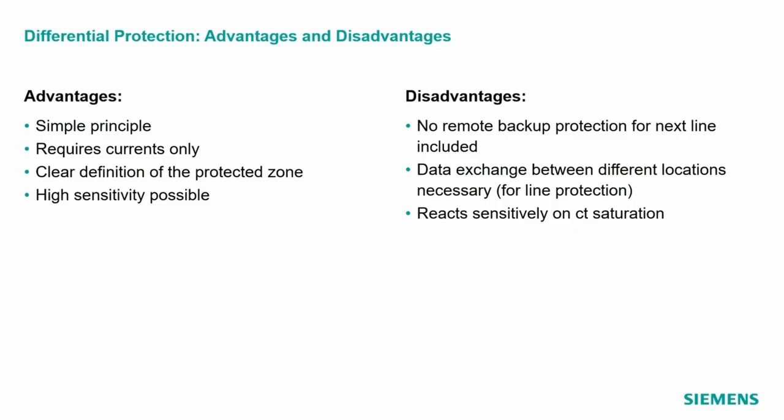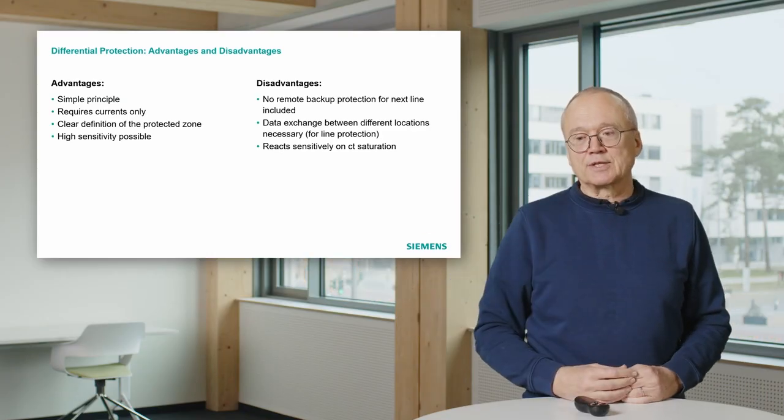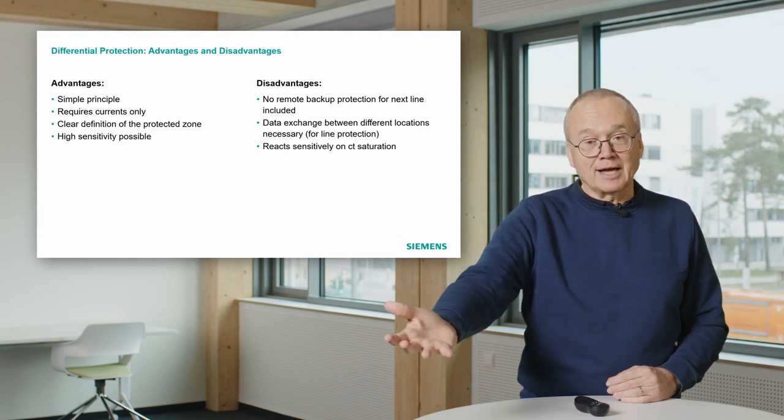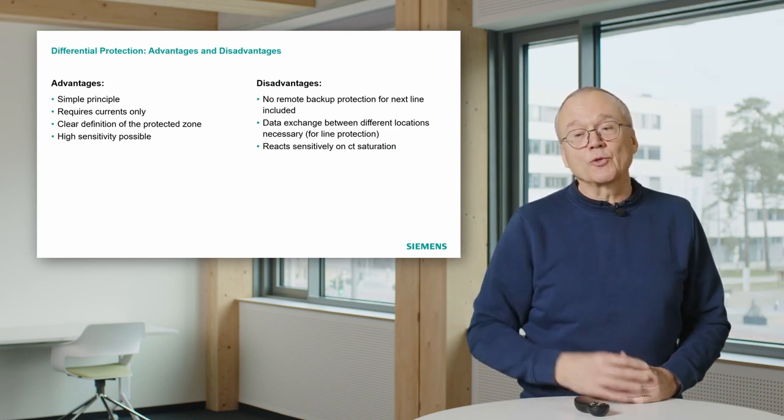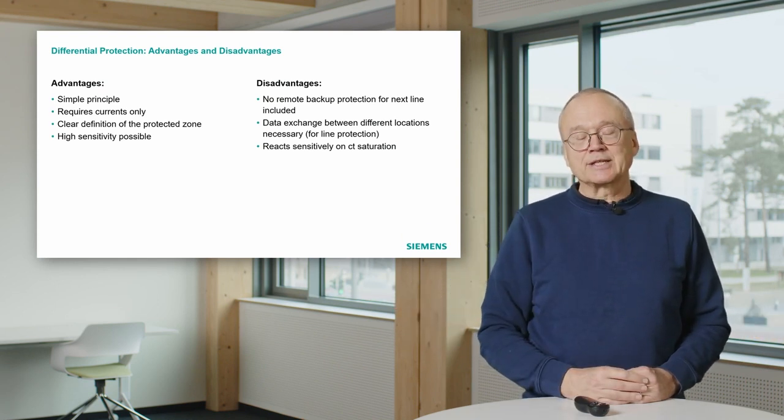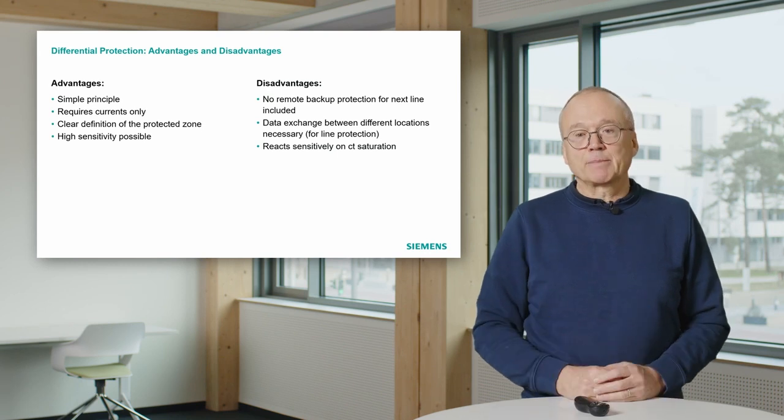Remember, in overcurrent protection and distance protection, the protection relay first of all looks at its own line, but it also looks a little bit into the next line. And if there is a protection failure on the next line, our protection relay sees also this short circuit on the next line, sees that the relay on the next line does not react on it, and can then serve as a backup.